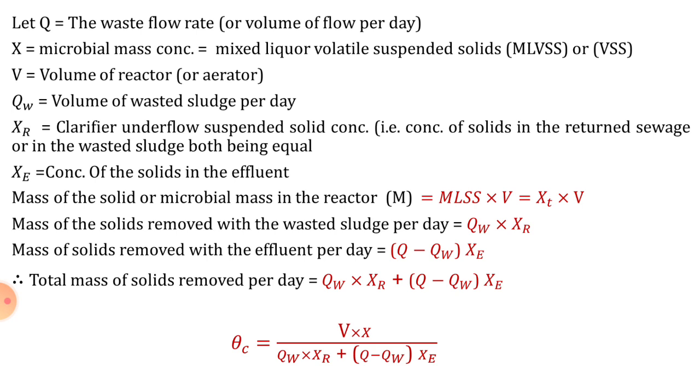XE is the concentration of solids in the effluent. As we discussed in the flow chart in the previous video, XE is the concentration of the solids in the effluent.